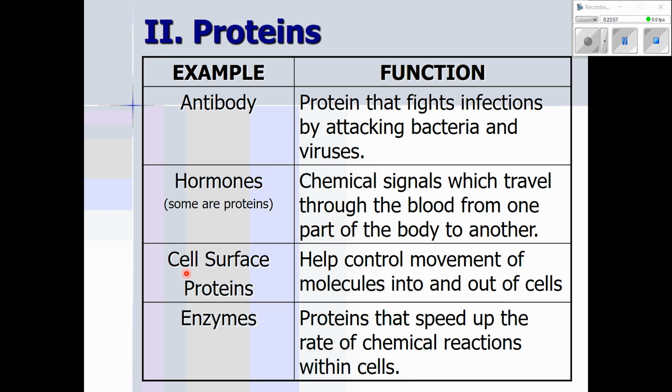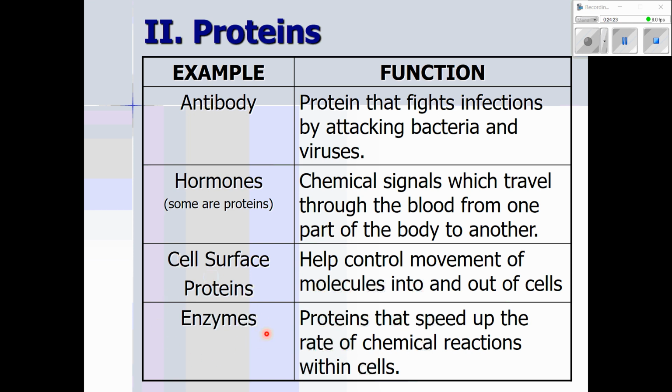Because you don't want your immune system to kill your own healthy cells. You only want your immune system to kill foreign invading cells like bacteria. So cell surface proteins can also help your immune system identify which cells belong in the body and which ones are invaders. And finally, enzymes.